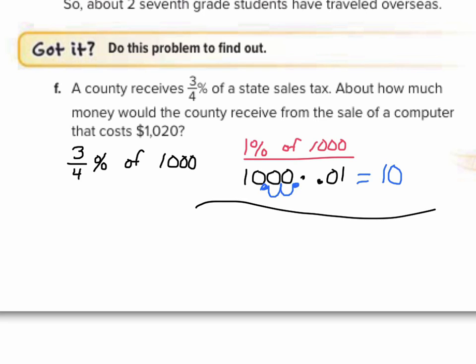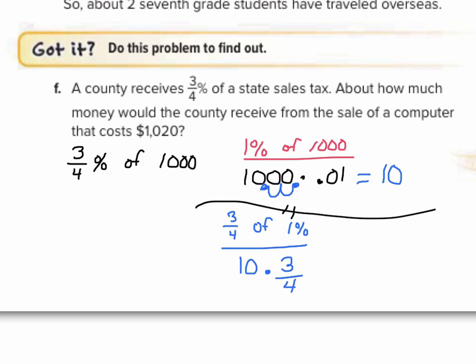Now, once I have that 1% value, we need to find 3/4 of 1%. So we're going to take that 10 and multiply it by 3/4.